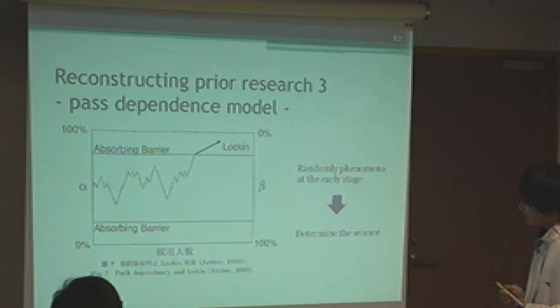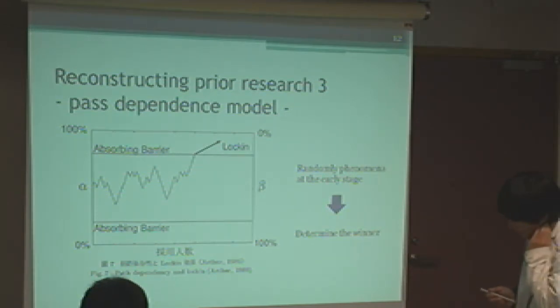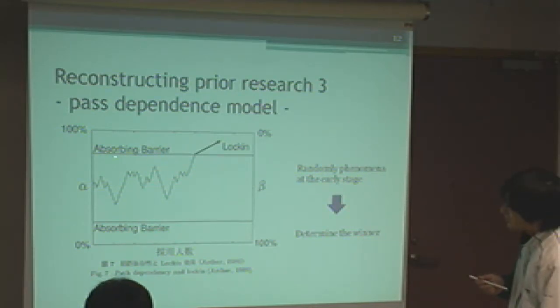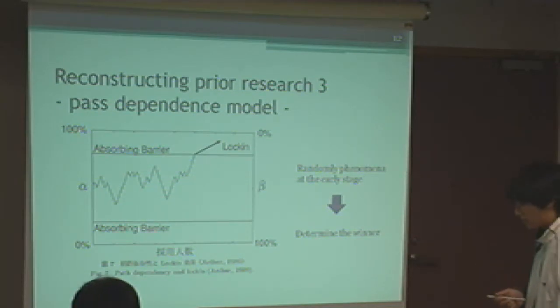And this model says the winner will be determined by random phenomena at the early stage. This is called the locking effect. And when the amount of adopters is above this line, then the winner is determined.